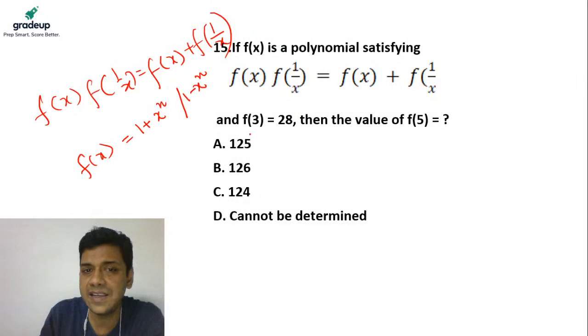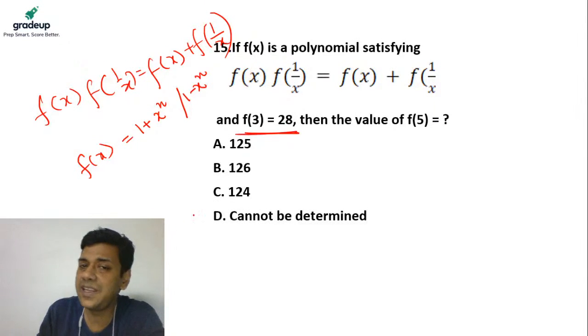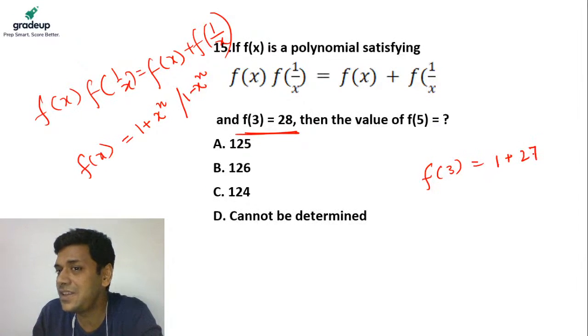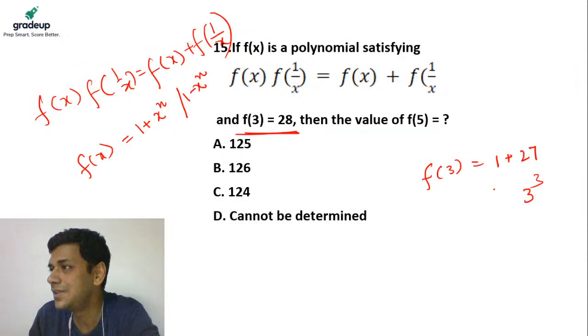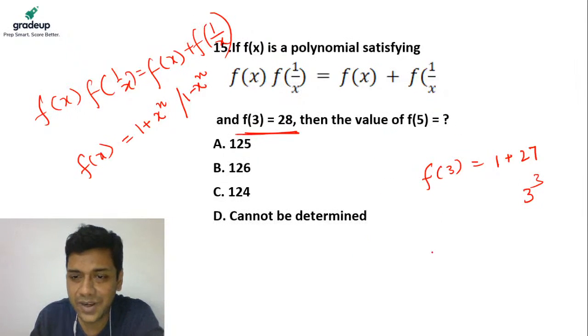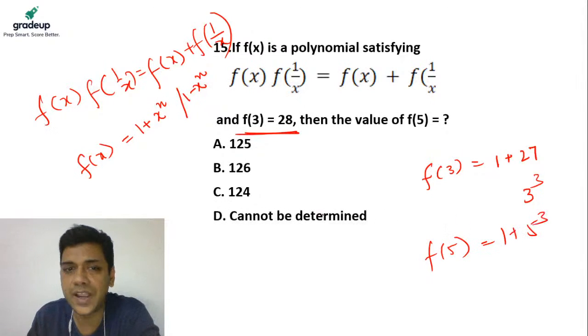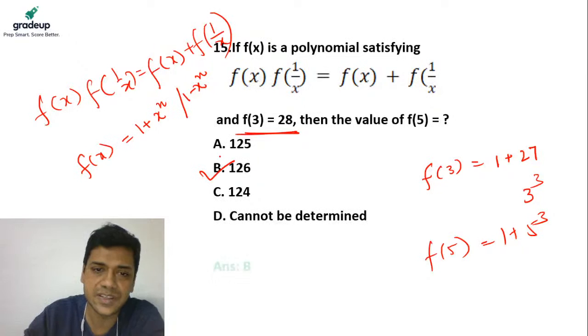Now, the minute I realize f(3) is 28, I get f(3) is 1 plus 27, and 27 is what? 3 cube, which means what is f(5)? f(5) will be 1 plus 5 cube, which is 126.